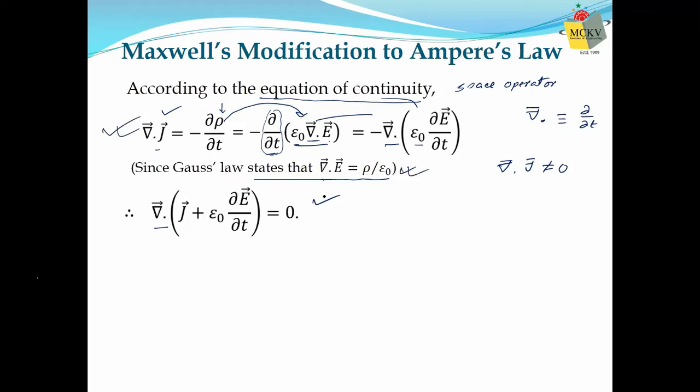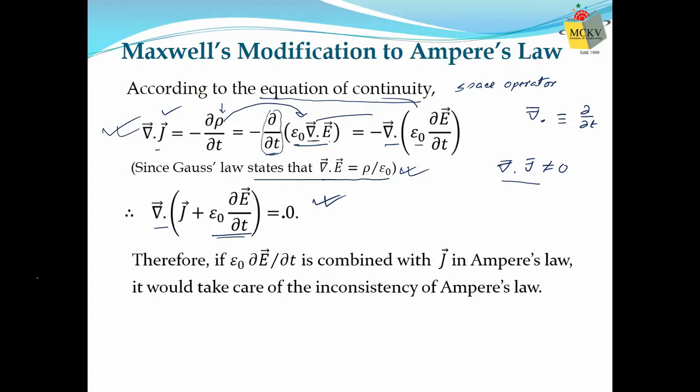Therefore, this equation is always true. Divergence of this whole thing is always 0. So what Maxwell said is that although divergence J is not always 0, divergence of J plus something is always 0. Therefore, Ampere-Circuital law should be modified like this.